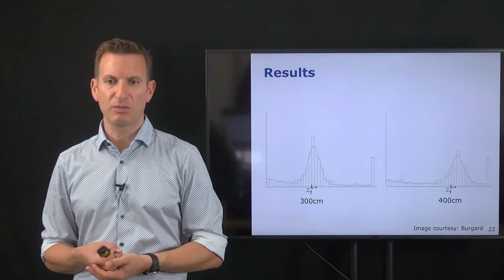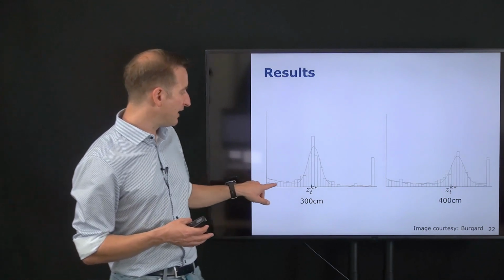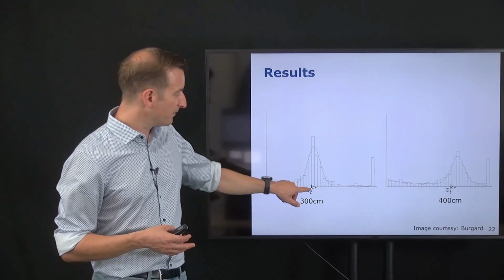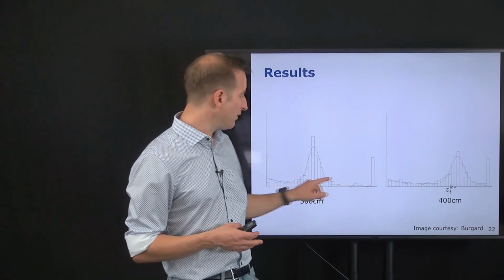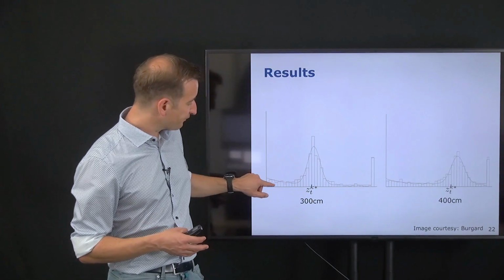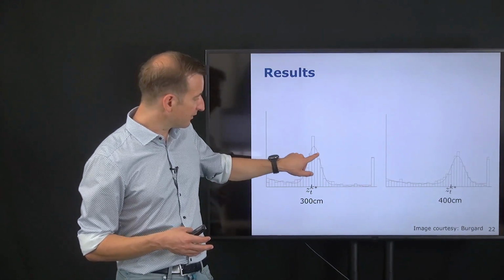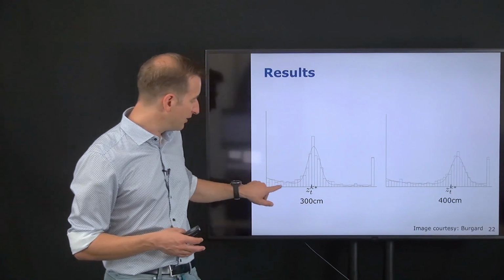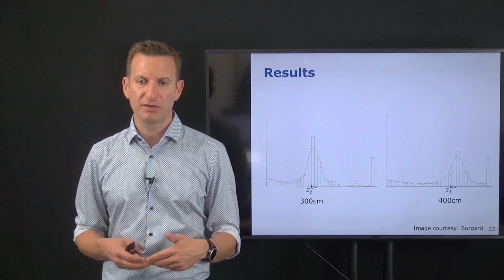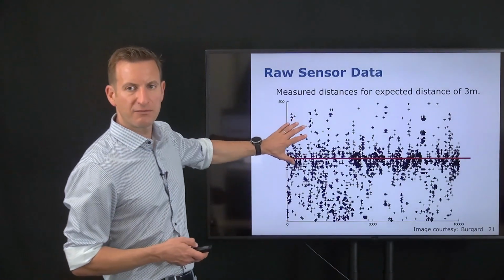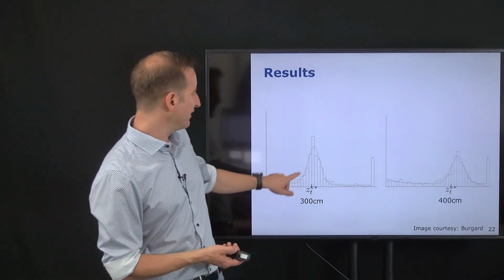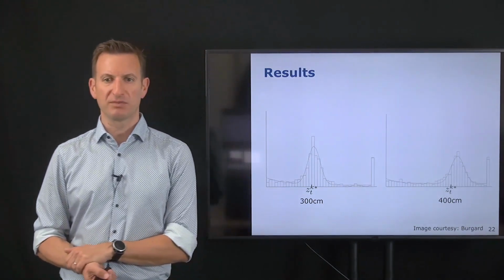I can do this, for example, with a histogram. If I have a histogram showing range readings for an expected distance of 3 meters or 4 meters, I will get these functions over here. The curve over here is my parametric model, and the histogram is the number of occurrences, simply counting from this data how often certain events have taken place. Then I adapt the weight parameters to be as close as possible to that histogram.